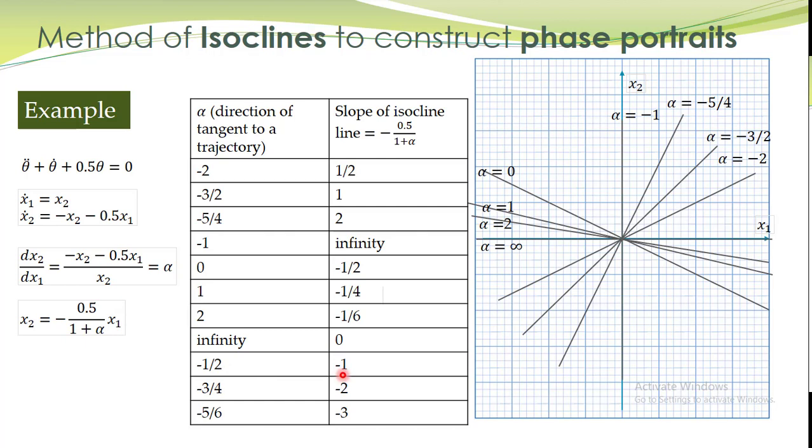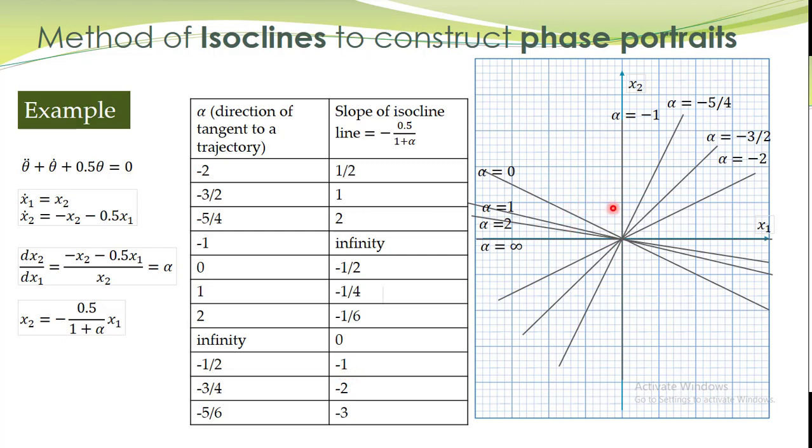So I have taken these slopes -1, corresponding to that alpha came out to be equal to -1/2, and another value of slope -2, and alpha came out to be equal to this one. This slope equal to -3, and alpha comes out to be equal to this one. Why these values? Because these are easier for me to draw with a simple scale. For example, this line, slope line with this slope, how to draw it?